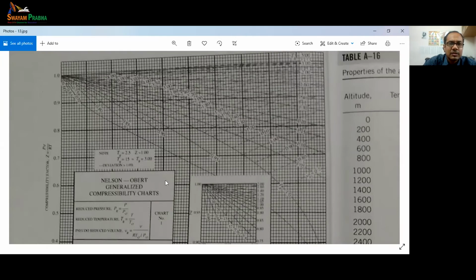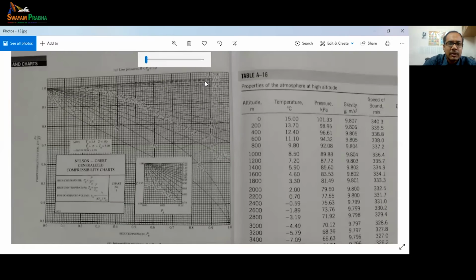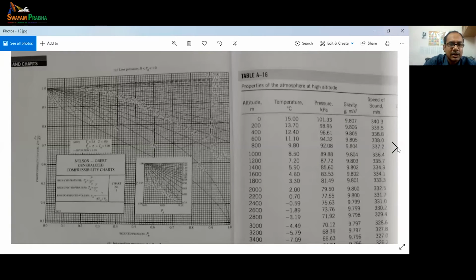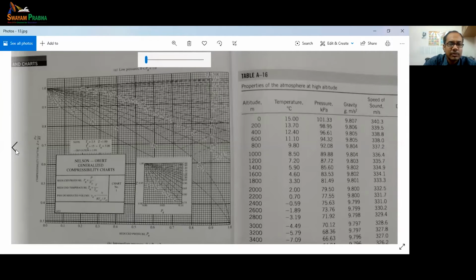That's what we did, because that will help us get the numbers correctly. This is the generalized chart, and from 0 to 1, this portion we have zoomed and plotted in the next chart, but it's just a subset of that. Now we have obtained some sense of this generalized chart. Let's go back to the problem.